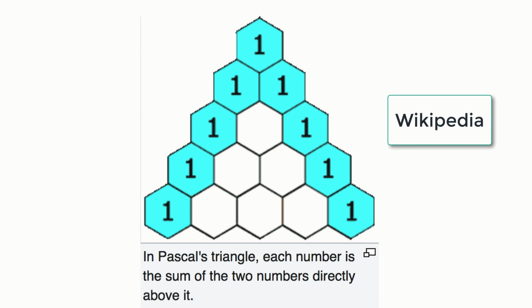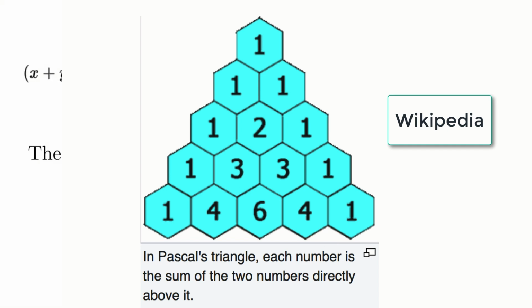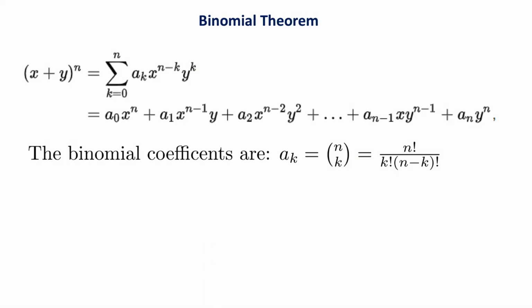Here's something that's rather interesting. In Pascal's triangle, each number is the sum of the two numbers which are directly above it. This can be proved very easily from the very definition itself. Do try it. Here's the formal statement of the binomial theorem.